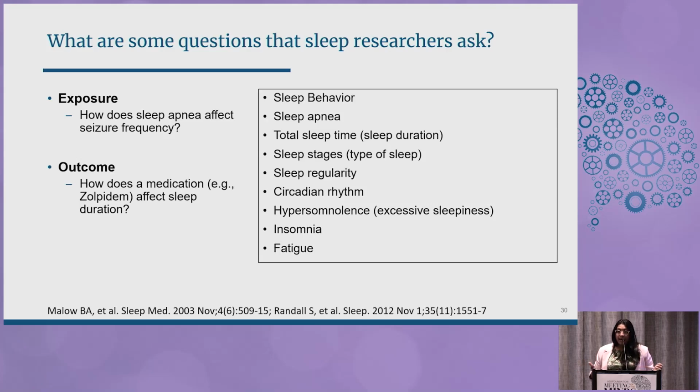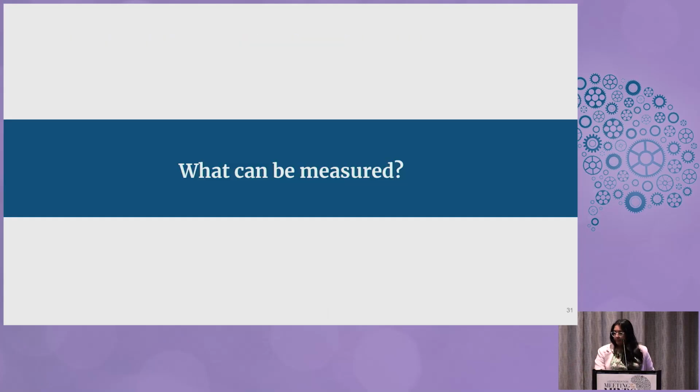It was a pilot study of 14 people with very variable types of seizures, but that was promising. And then an example where a study looked at sleep as an outcome was a study by Randall and colleagues where they were trying to test a medication called zolpidem, and they found that this medication allowed people to fall asleep about 20 minutes earlier than they normally would have.